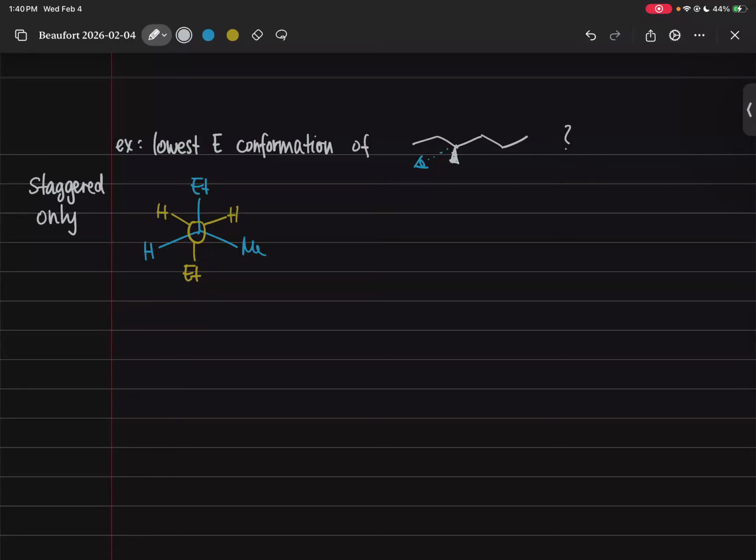So in this case, it would be a good idea to focus on the interactions of that substituent, in this case, the ethyl group, because we can rotate this more complex front carbon around it, and we just have to look at that ethyl group on the bottom and the 2 things that are next to it.